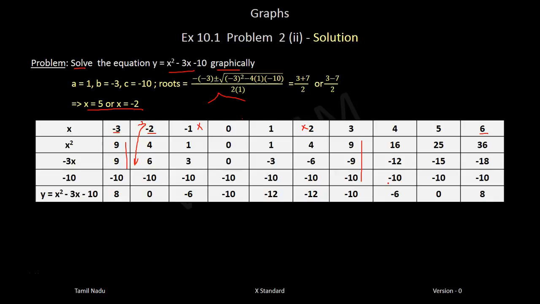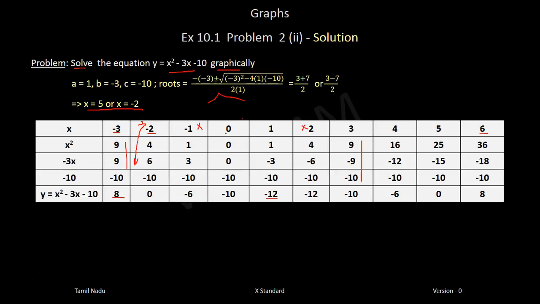Next, we will have to look at the range of y. So y is going to vary from minus 12 up to 8. So minus 12 to 8 means you have 20 units, 8 minus of minus 12, right? So that will be 20 units, which means we cannot have 1 centimeter equal to 1 unit for the y-axis.